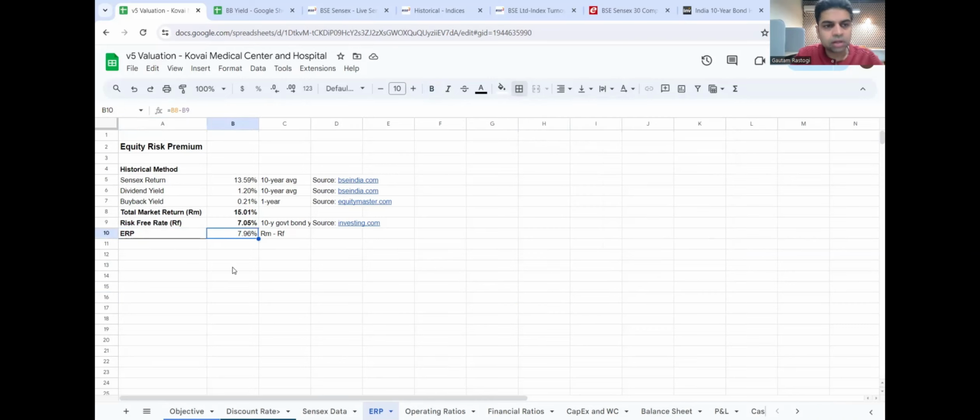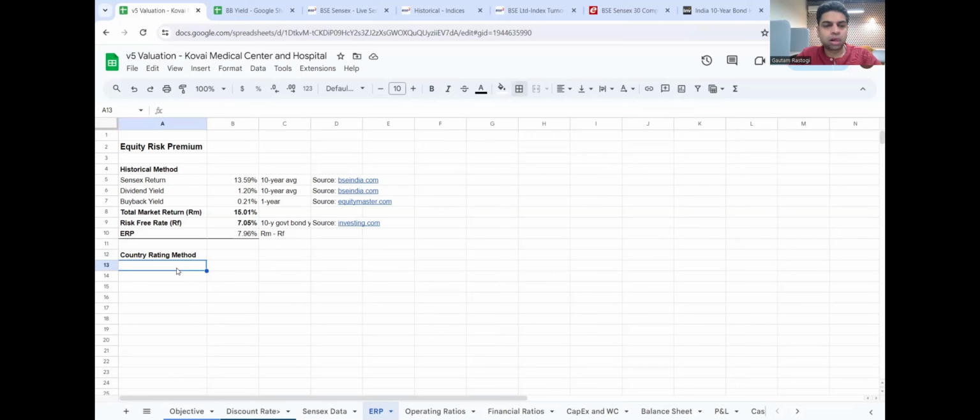All right. Now let's look at another method, which we've discussed already, which is the country rating based method. As I said, I've learned this from Professor Damodaran, so full credits to him.